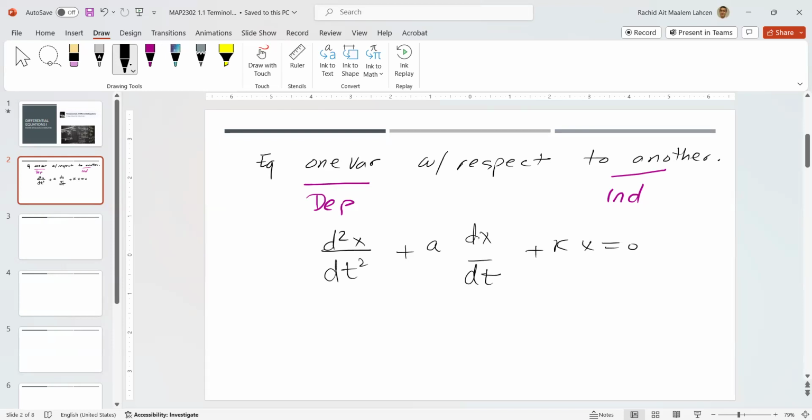So here, x is going to be the dependent variable, and t is going to be the independent variable. So it's good to understand the format. Rates of change were done before, but this is more of reinforcement. And m, c, and k here are coefficients.